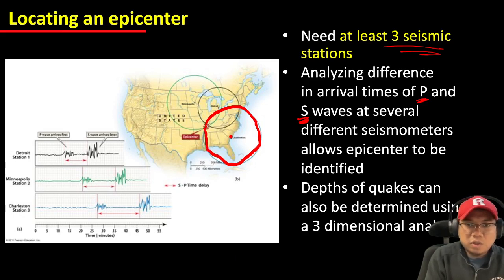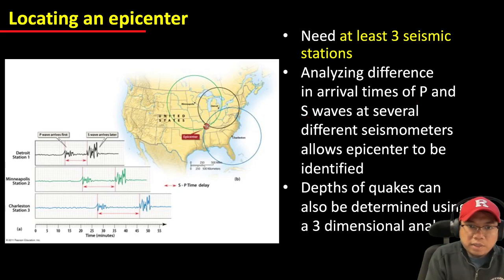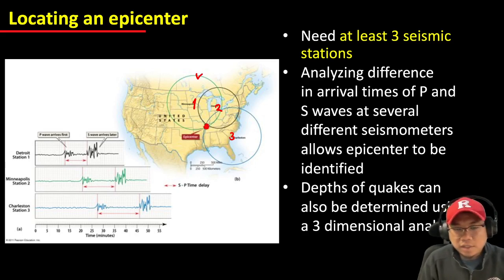Here in this example, I have 1, 2, and 3 seismic stations, and each of them has its own circle, and where the 3 circles meet or intersect, that would be our location of the epicenter.